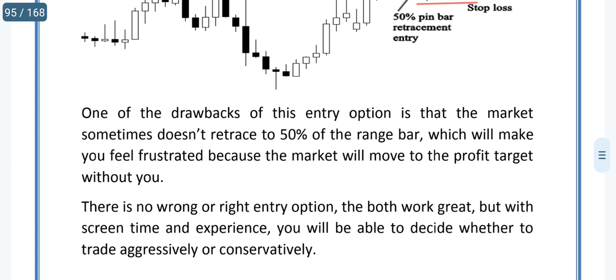And we are done with that. We have two entry points, the aggressive one and the conservative one.